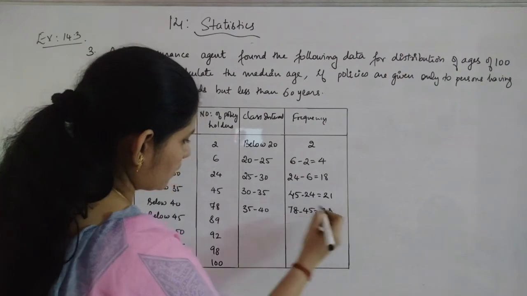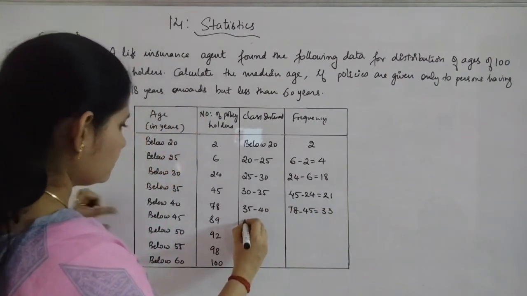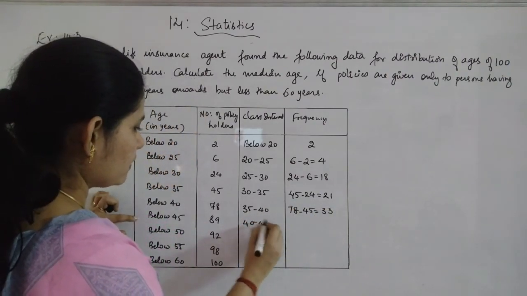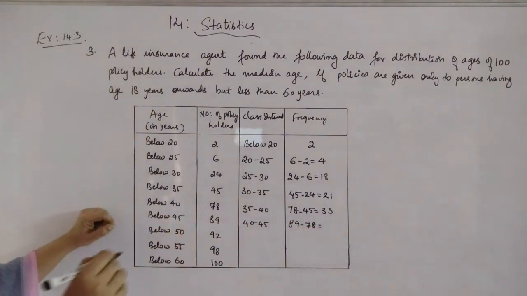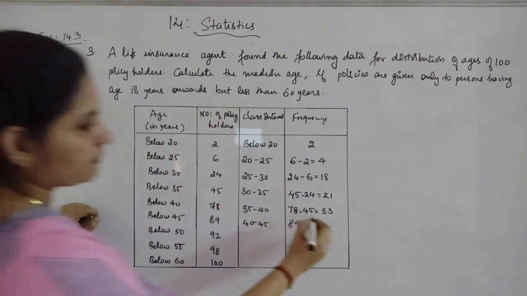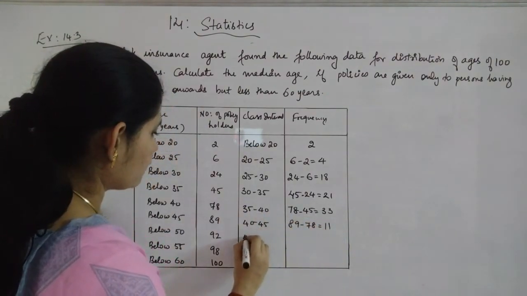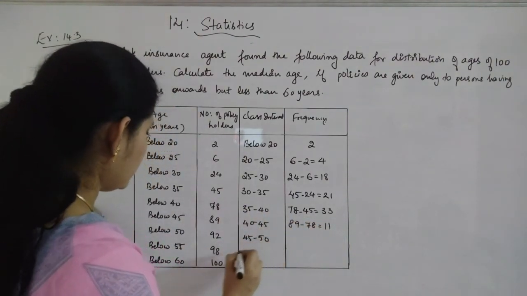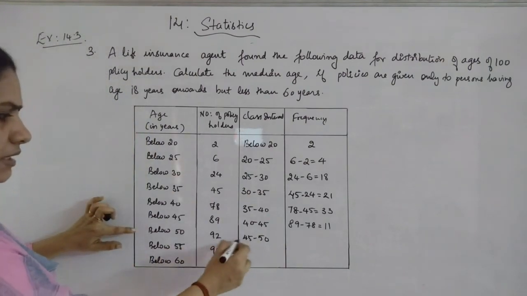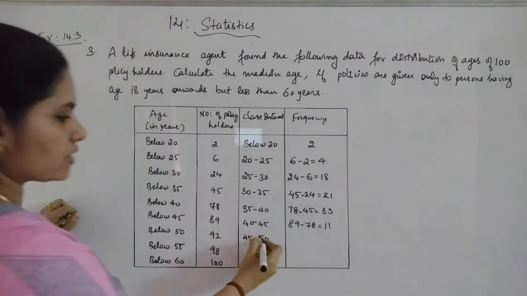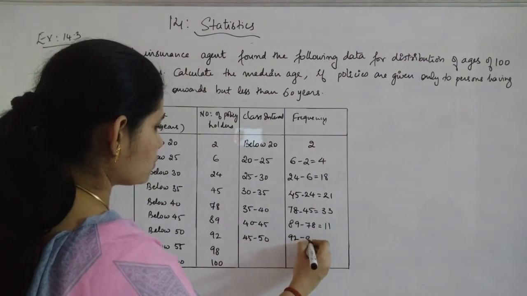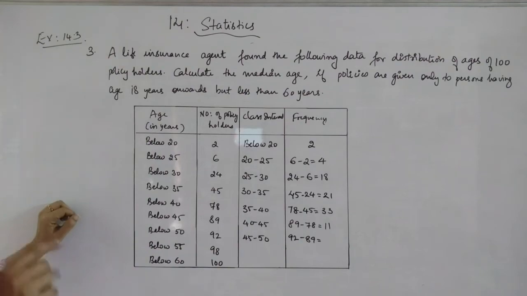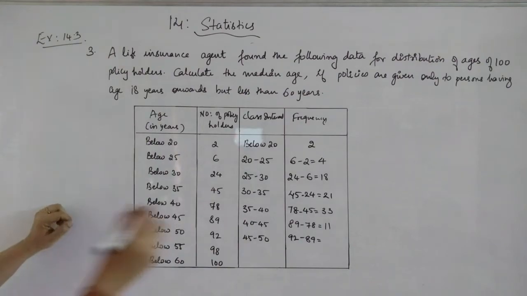So this is 33. Then you have from 40 to 45, which is 89 minus 78. How much will you get? It is 11. Then you have 45 to 50, that is below 50. Correspondingly you will get the class interval as 45 to 50, and the frequency you will get as 92 minus 89, which will give you 3.